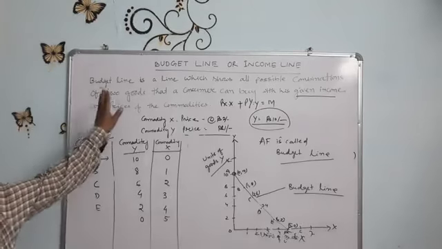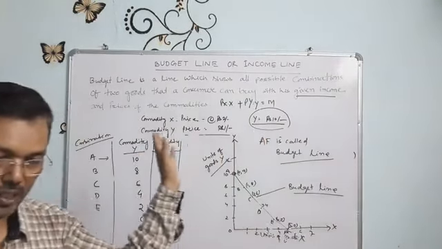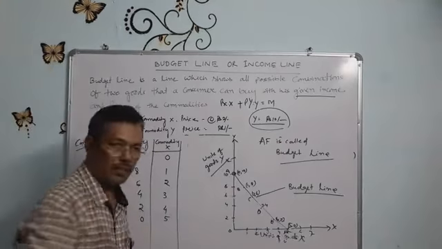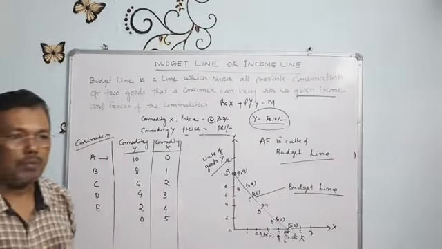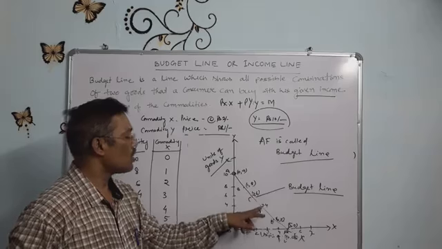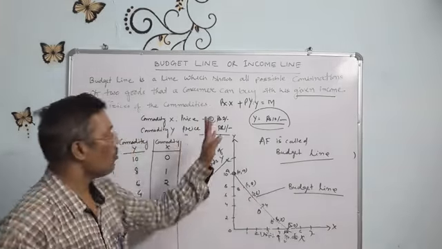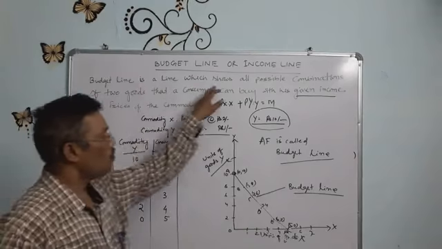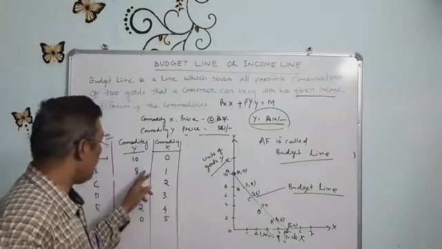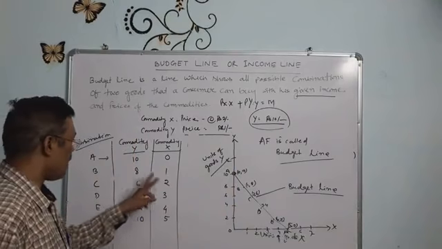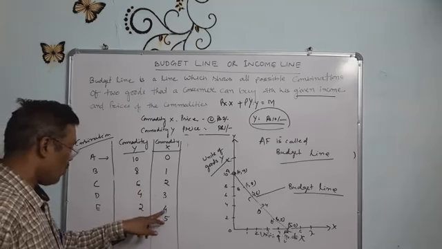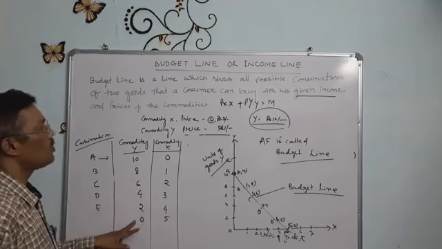As per our meaning, AF is a budget line which shows all the possible combinations of two goods that a consumer can buy. These are (0, 10), (1, 8), (2, 6), (3, 4), (4, 2), (5, 0). A consumer can buy either X goods 0, Y goods 10, X goods 1, Y goods 8, X goods 2, Y goods 6, X goods 3, Y goods 4, X goods 4, Y goods 2, X goods 5, Y goods 0.